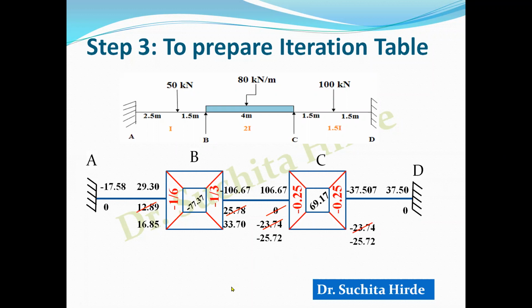Now the third cycle. In the third cycle again we will cut these values and we will obtain the fresh values. So again go to joint B, cut these values and now we will write new values. What will be the new value?